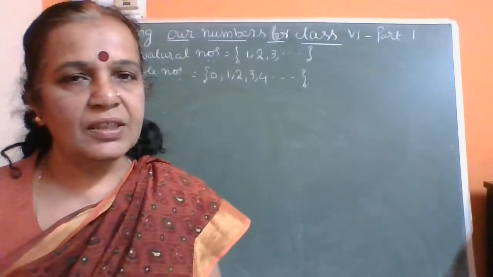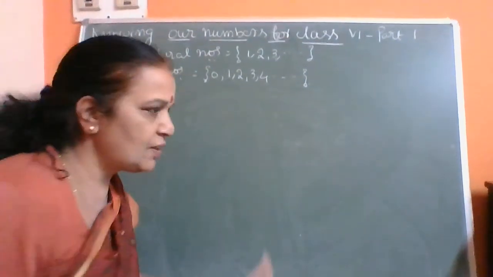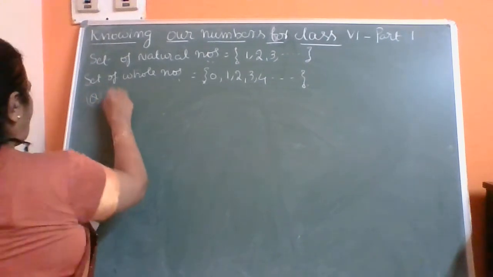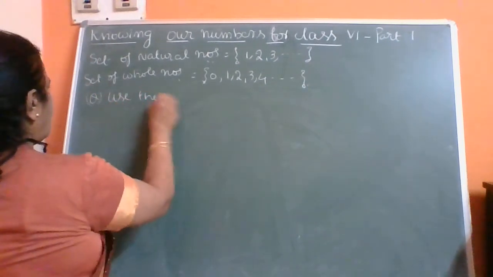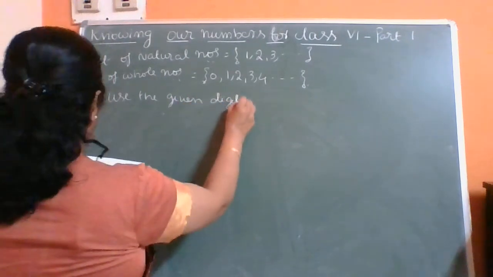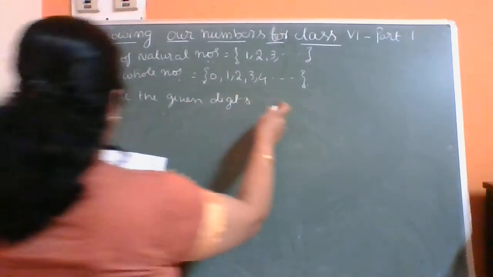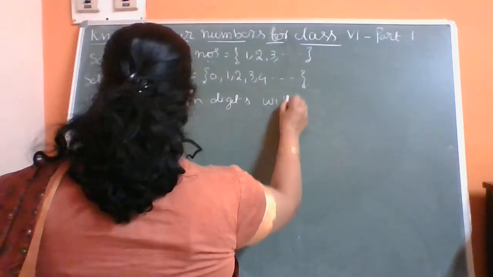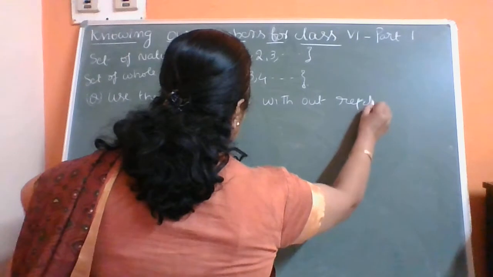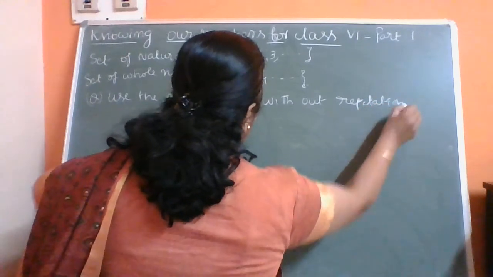One of the sums is: use the given digits without repetition.